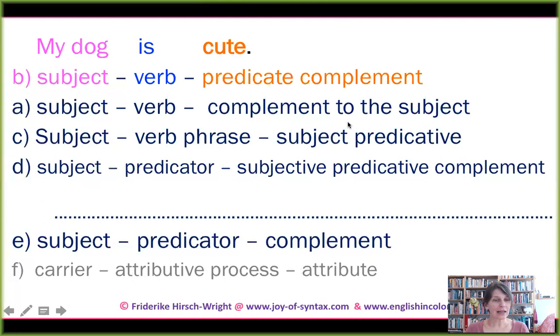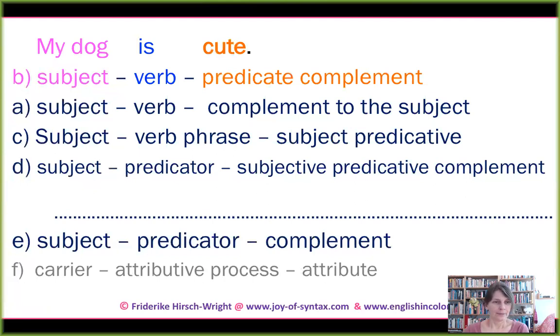You can see that so far in all the different versions, the segmentation has been the same, but the terminology has been different. And sometimes it was just a matter of terminology, but sometimes there's also a different philosophy underlying it, as for instance with the objective predicate and the predicate complement.